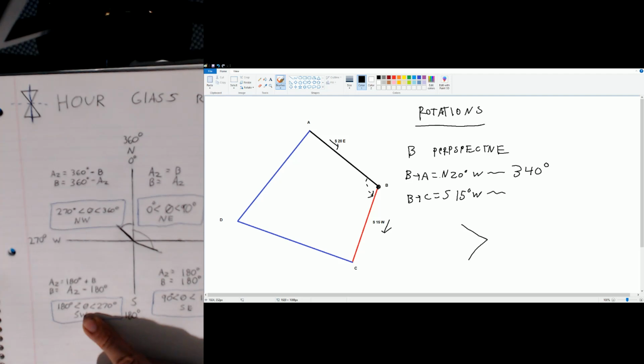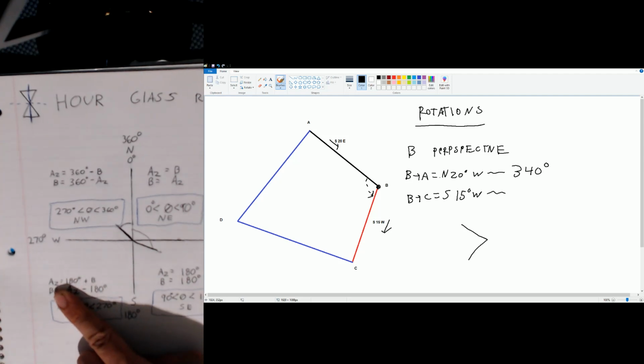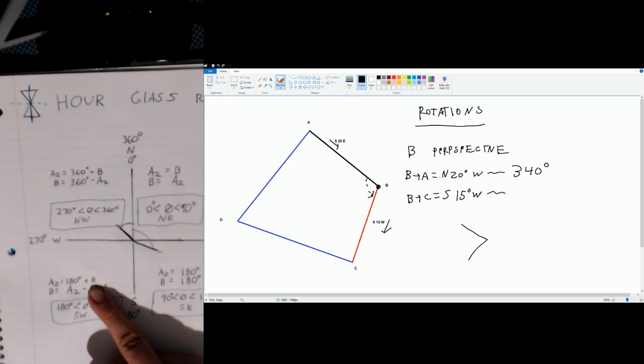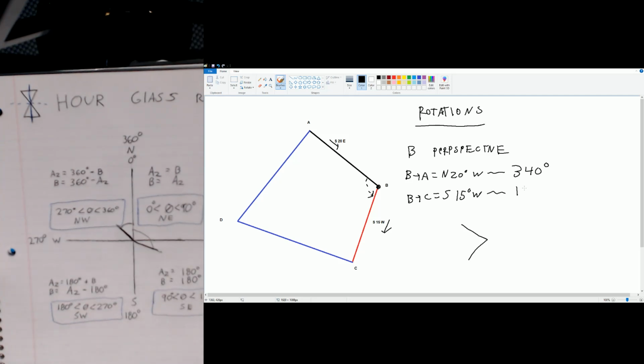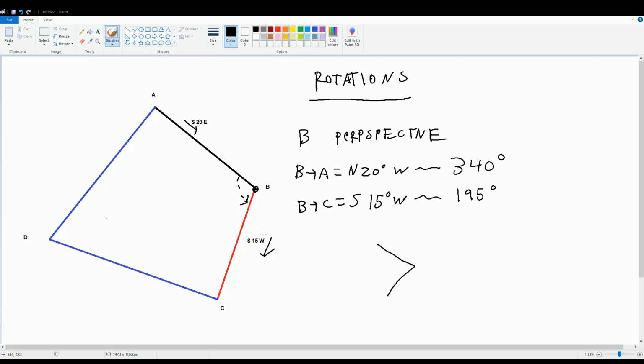Southwest section, in order to calculate an azimuth, we say 180 plus the bearing value, 15, we get 195 as our azimuth value from B to C. So now we have to figure out the angle of rotation from this line of B to A to B to C. We essentially need to find the difference of 340 minus 125.